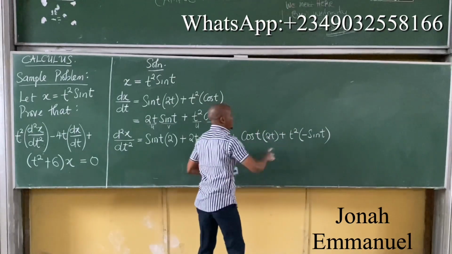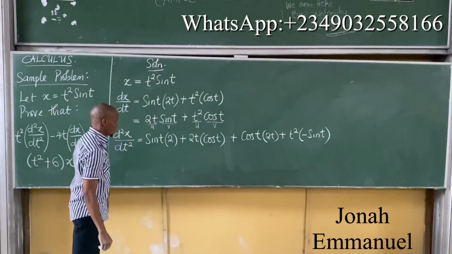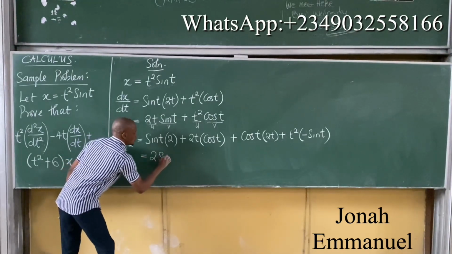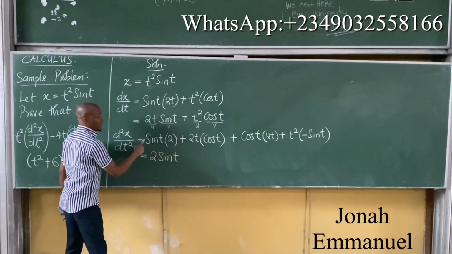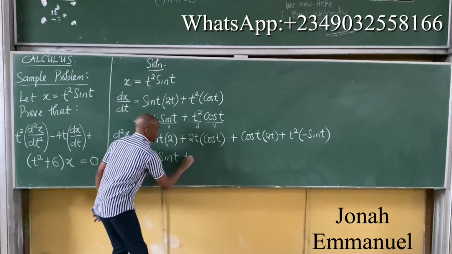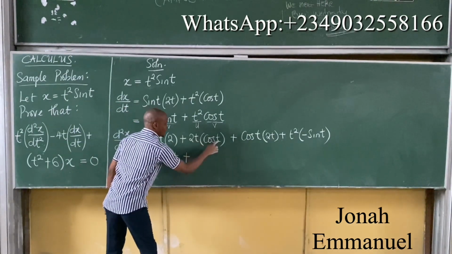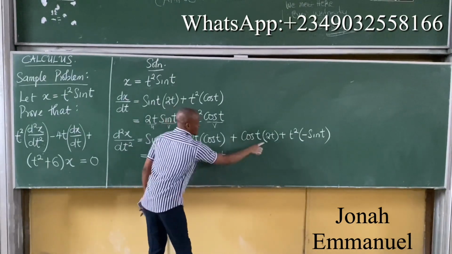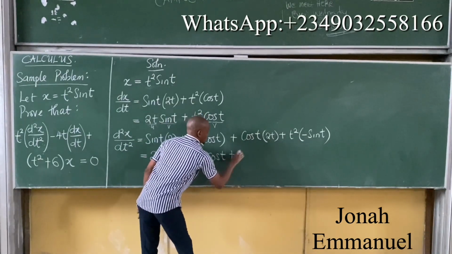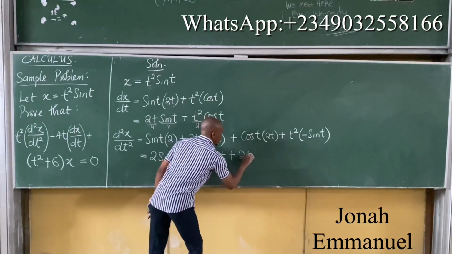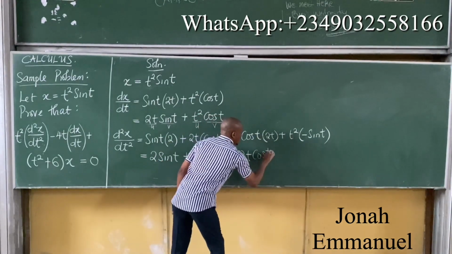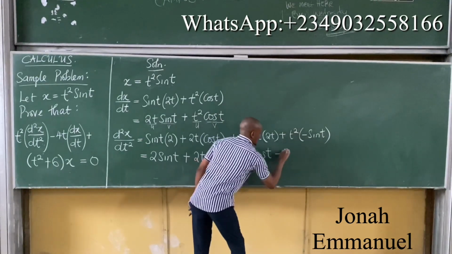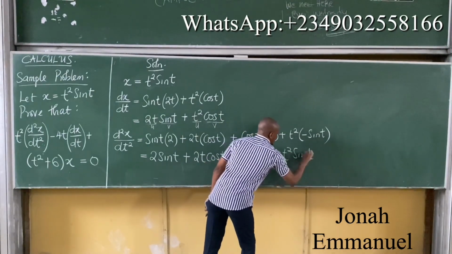Next up, simplify this as far as possible. That's now equal to this and this, which gives you 2 sine t. Plus this and this, 2t cos t. Next, plus this and this, 2t cos t, and then minus this and this, t squared sine t.